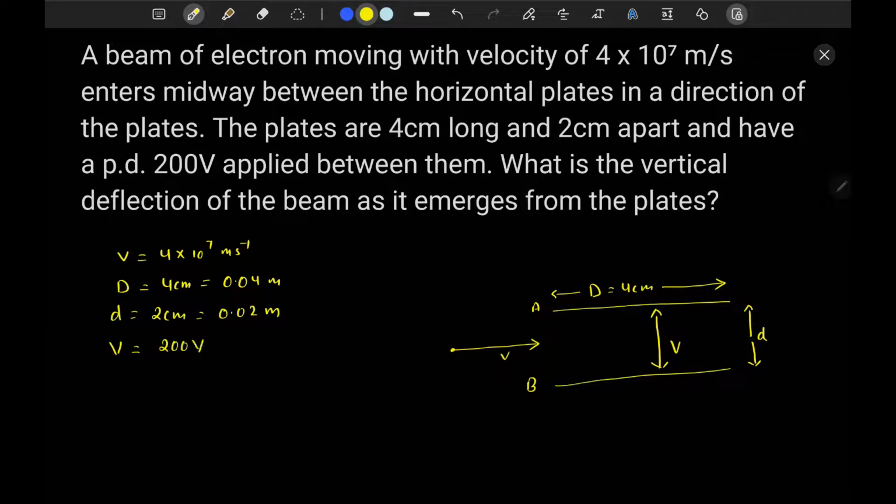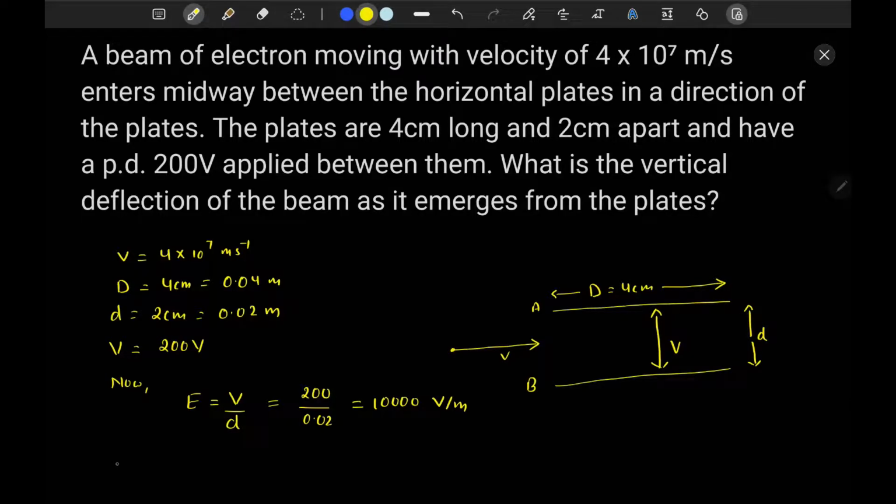and the potential applied between the two plates is 200 volt. So the electric field will be potential applied by separation, 200 divided by 0.02. We get 10,000 volt per meter.